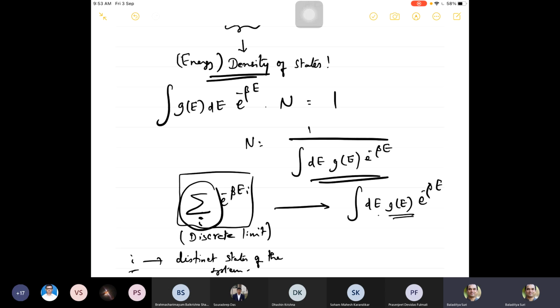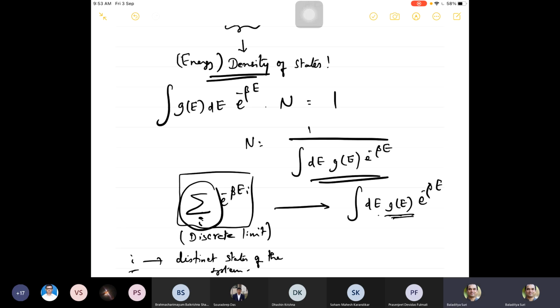So in statistical physics or in thermal physics, when you go from a summation over states to an integration over energy, you will always have this density of energy states factor G of E come into the integral.